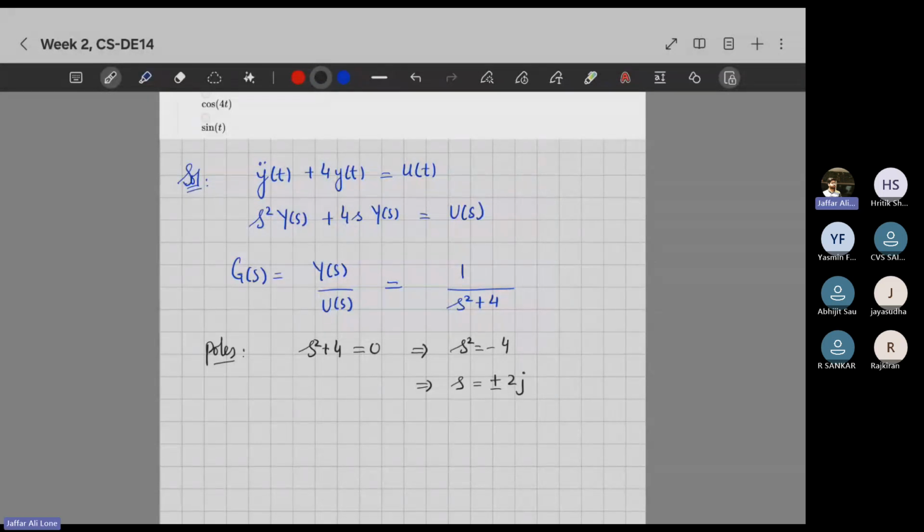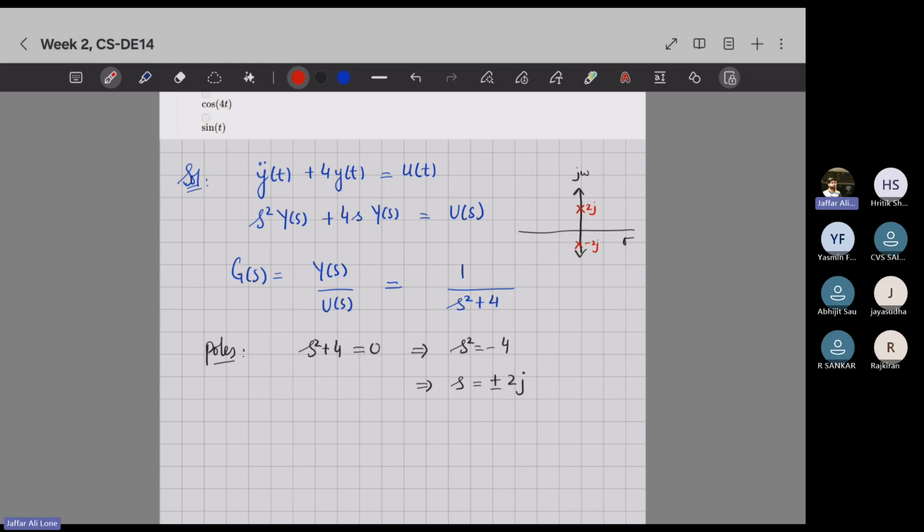So my poles are plus minus 2j. On the sigma-j omega plane, my poles are here and here: this is 2j and this is minus 2j. So one thing is clear.